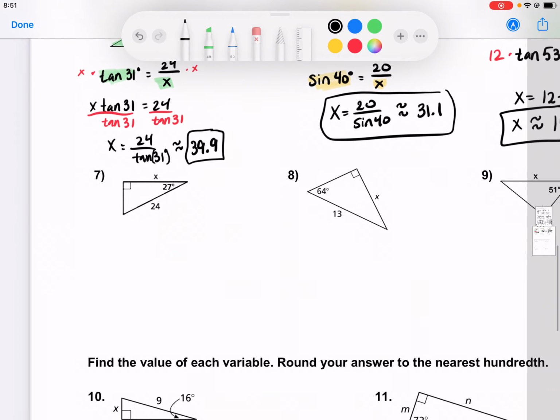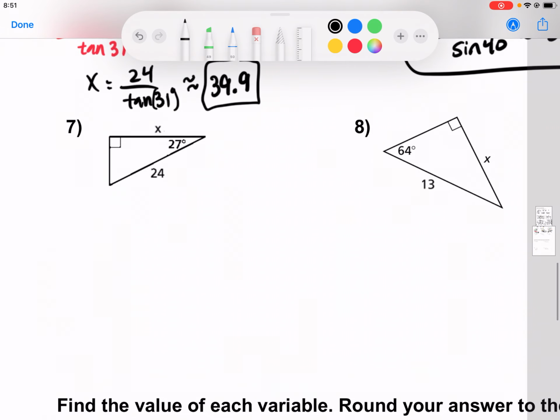Okay, hopefully I haven't lost you. So we'll do another one. Once again, we've got to figure out which one to use. We've got this 27 degrees, and that means this x is our adjacent side because it's touching that angle, and the 24 is across from the right angle, which means it's our hypotenuse. So it's adjacent and hypotenuse, so we're going to use cosine.